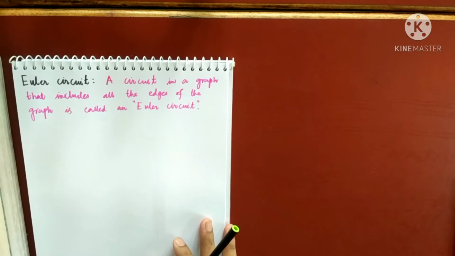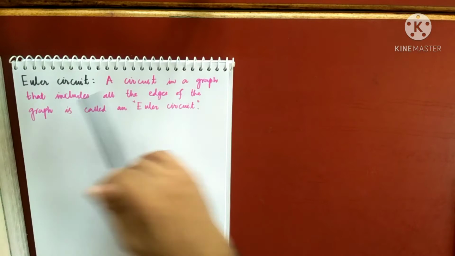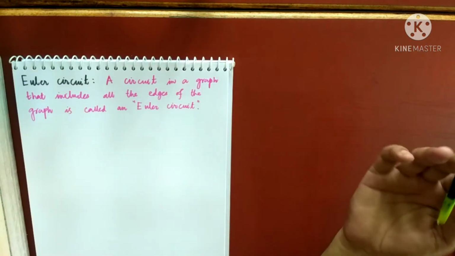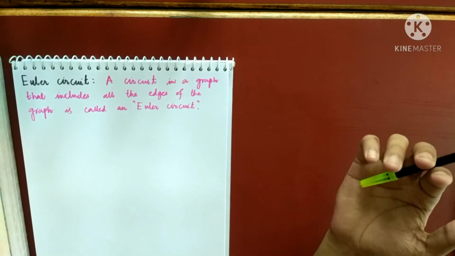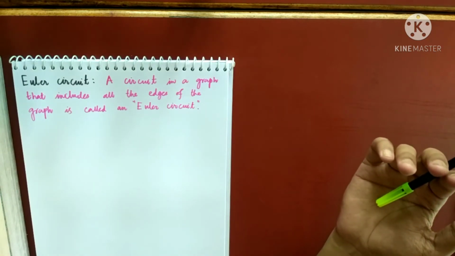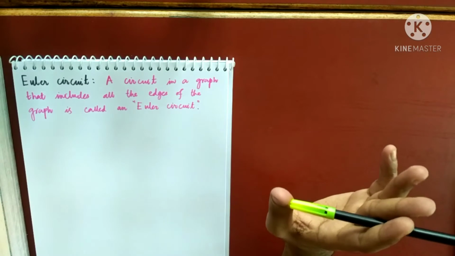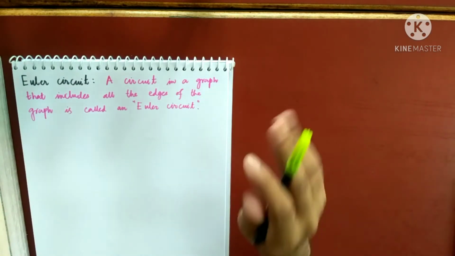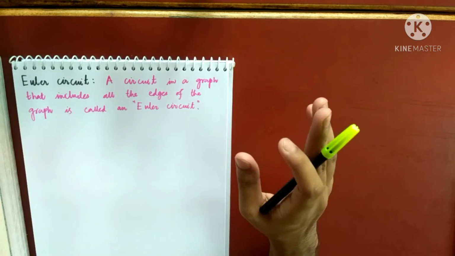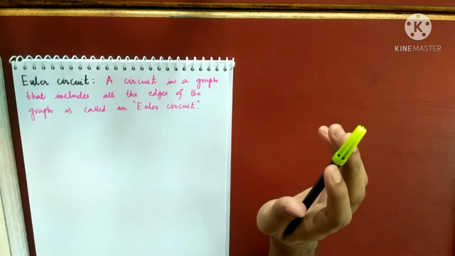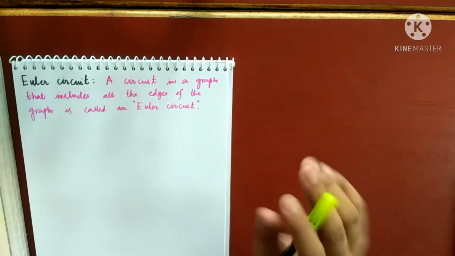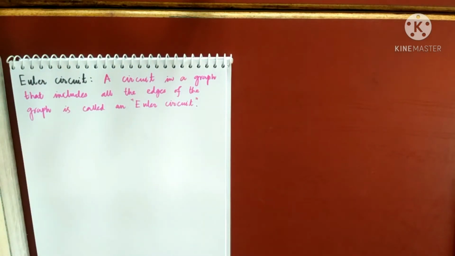Remember, we defined the Euler circuit just to solve the Königsberg bridge problem posed by Euler. So now the Königsberg bridge problem reduces to finding an Euler circuit in that graph, the graph made by Euler.